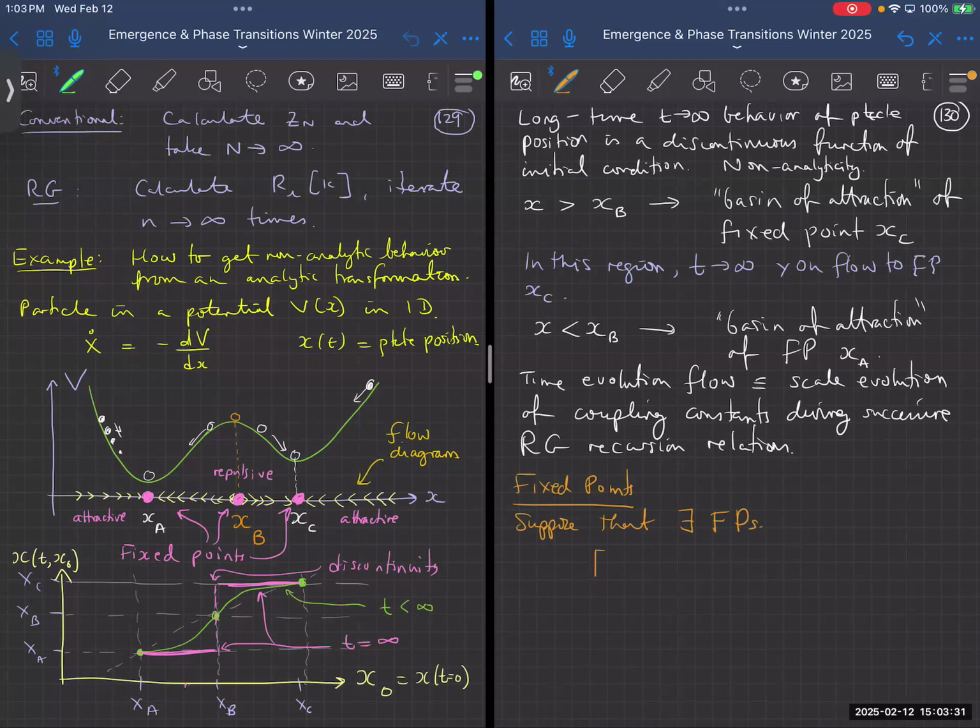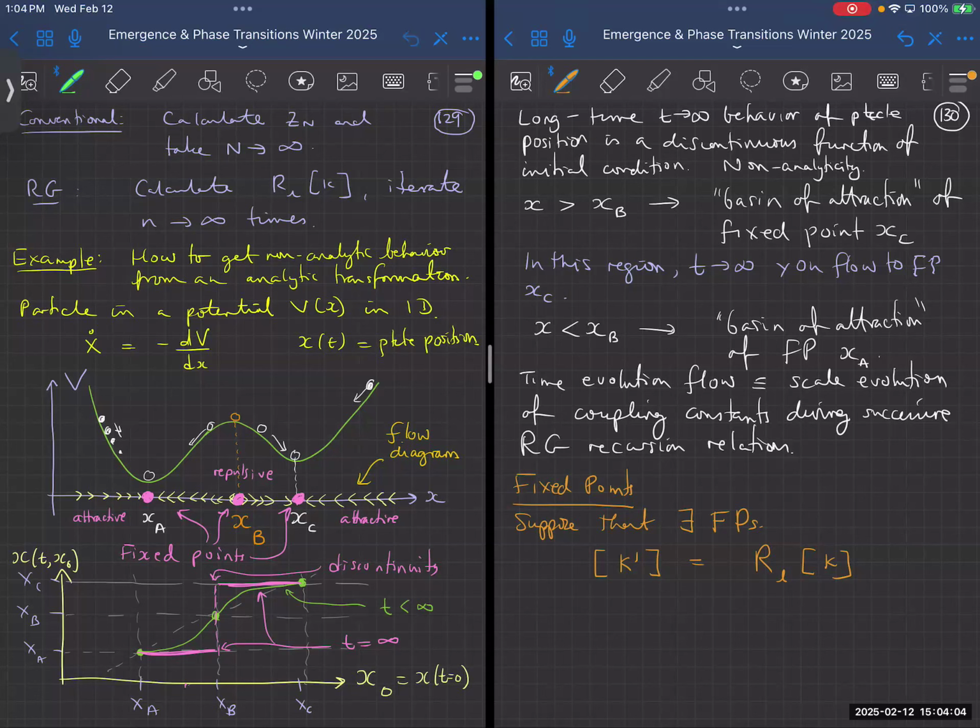Well, my renormalization group recursion relation says I start off with some coupling constants K, and I do some renormalization group transformation at scale L, and then I get my image of that under K. So that's just like starting at some position here on the x-axis, and then moving to a different position under this time evolution transformation. So the time evolution is like the renormalization group transformation.